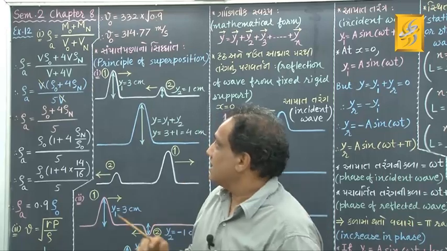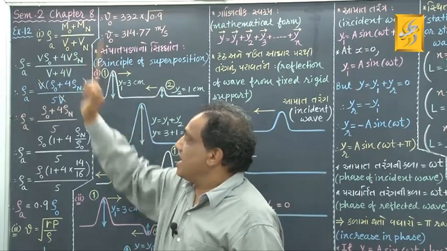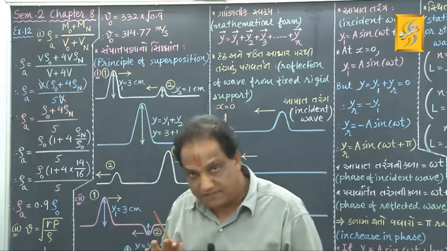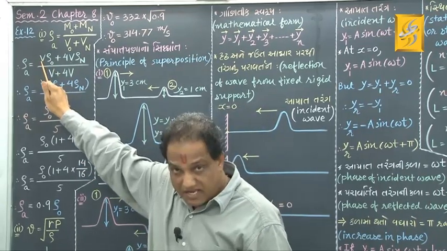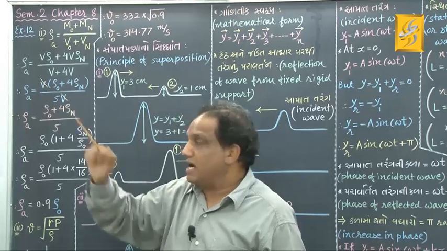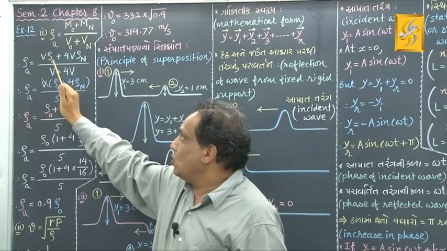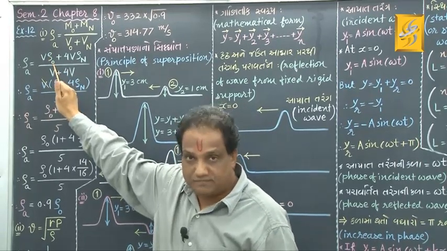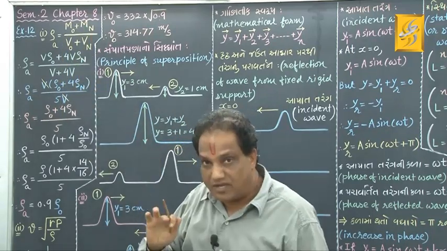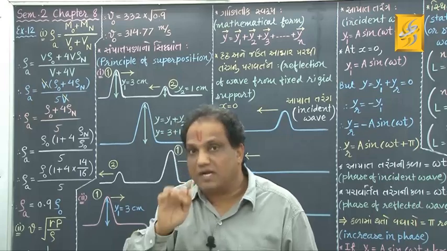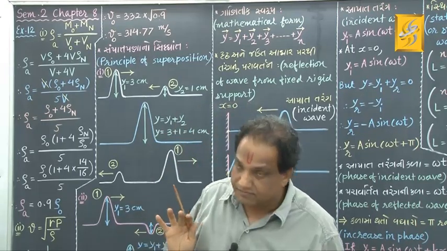Simple? Fine. Now, what do you mean by mass? It is volume into density, correct? Volume of oxygen, I just take it as V into density of oxygen, I have shown by symbol rho O for oxygen, correct? Plus, now mass of nitrogen would be volume of nitrogen multiplied by density of nitrogen.